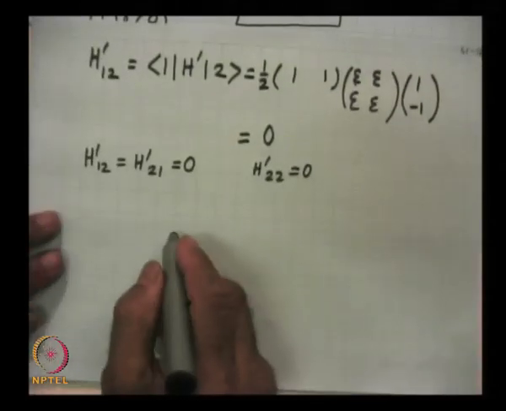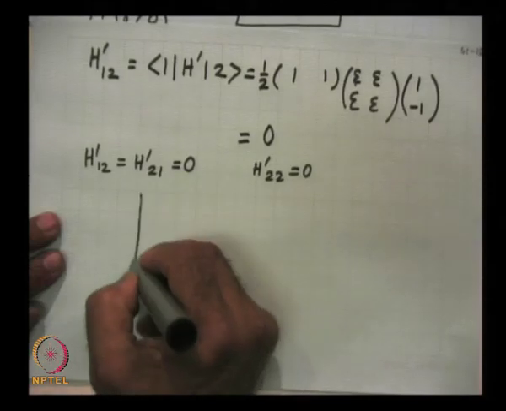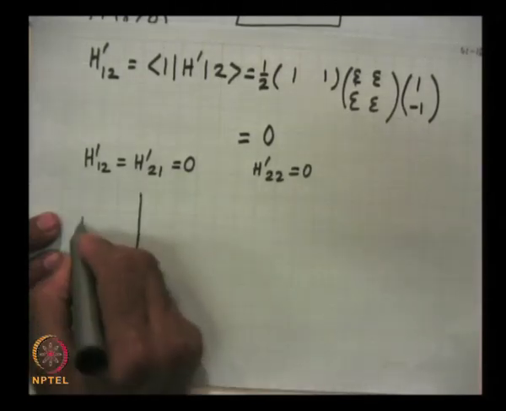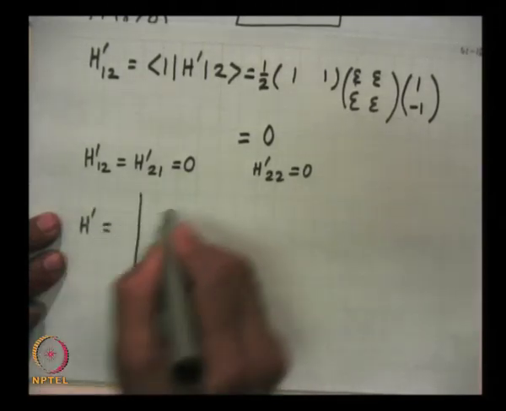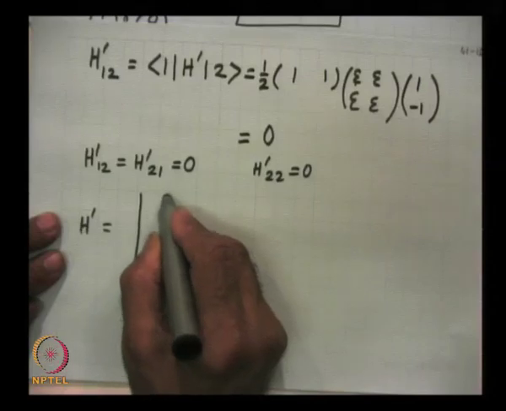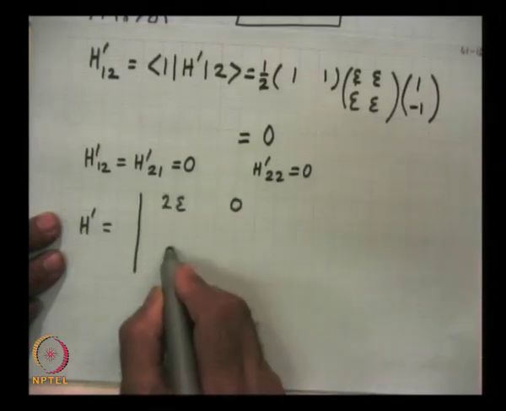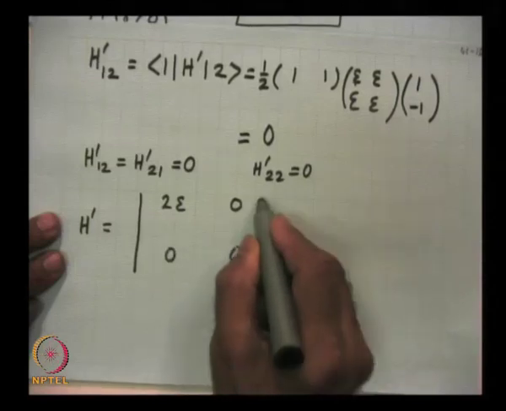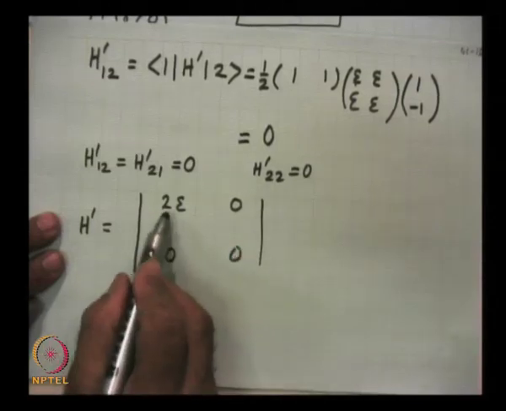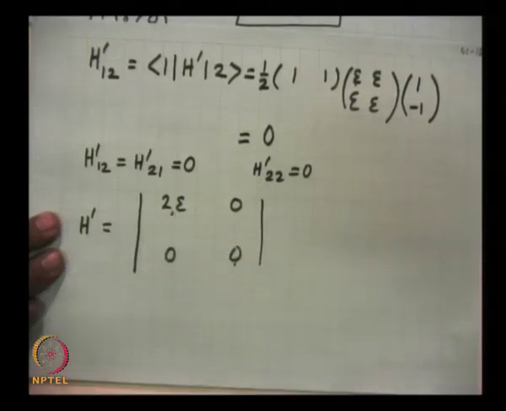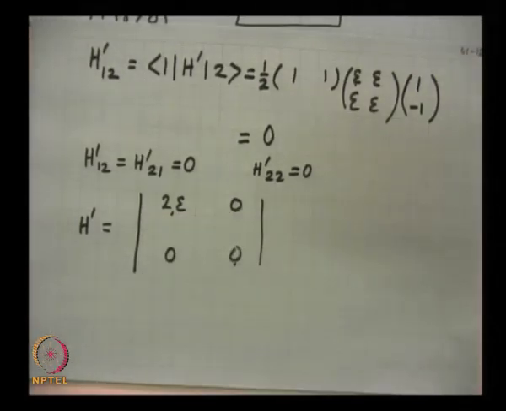So, if you write down the H prime matrix, it will be 2 epsilon 0 0 0. It is a diagonal matrix and the eigenvalues are 2 epsilon and 0, and the off diagonal elements are 0.